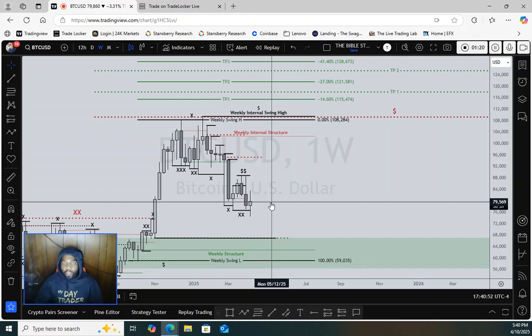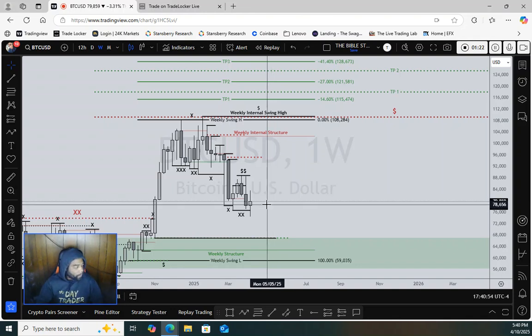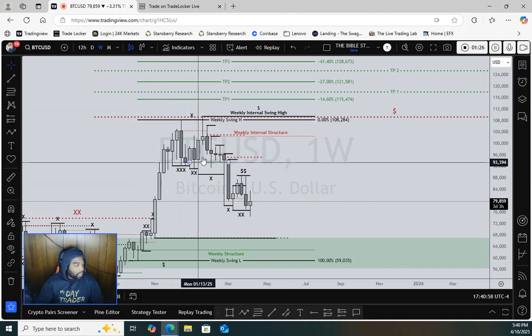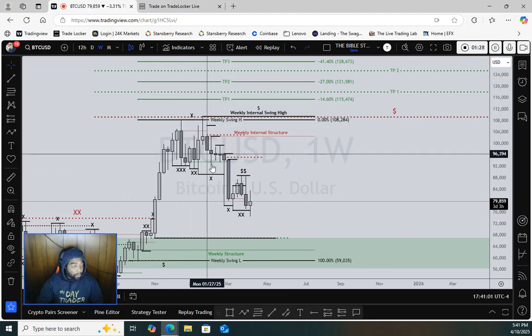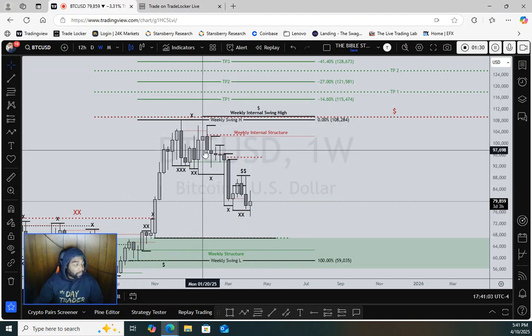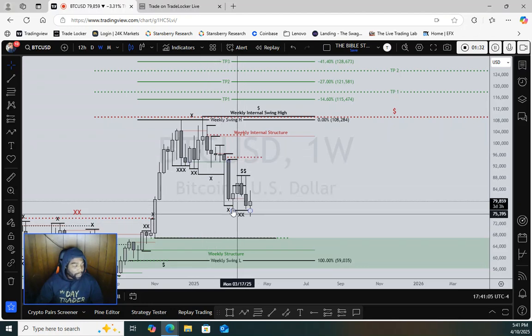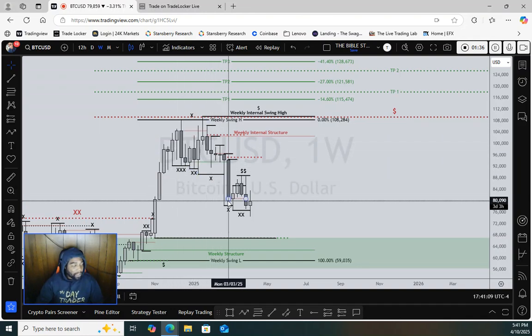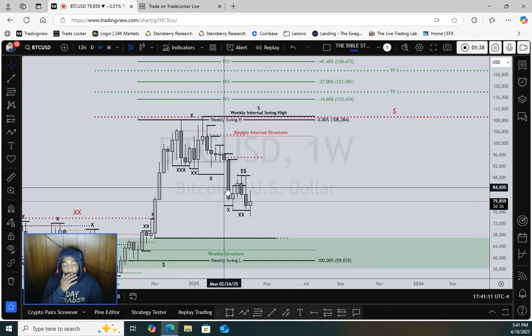What is price doing right now? Swing to swing on that monthly time frame, that bearish engulfing, that bearish price action on the monthly time frame. This is what that looks like on the weekly time frame.